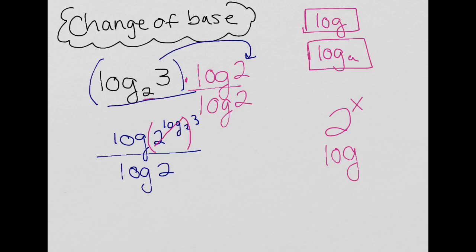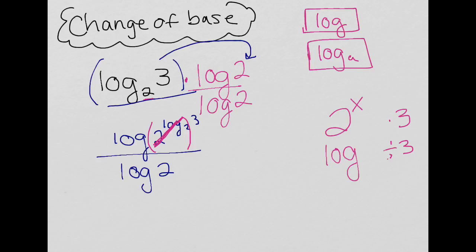The 2 and log base 2 to the power of log base 2 are inverses of each other. Kind of like if someone told you to multiply by 3 and then you divided by 3, they would just cancel each other out because multiplication and division are inverse operations. So are taking something to a power and taking the log of it.